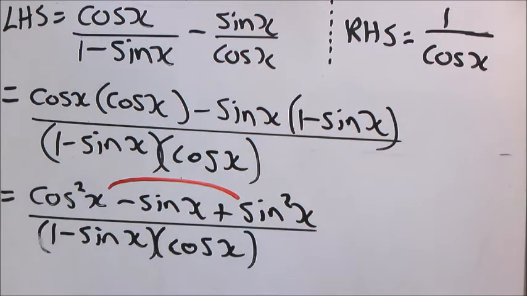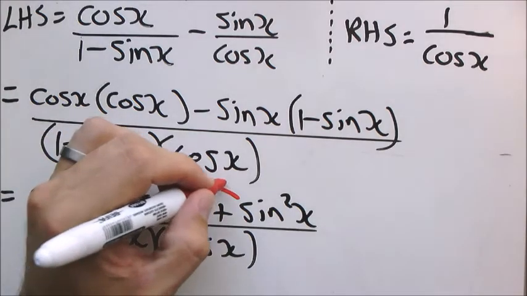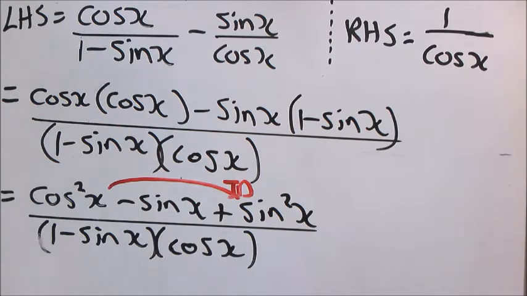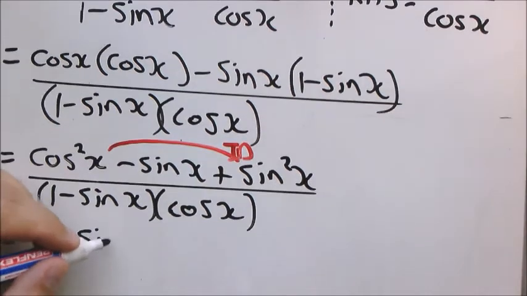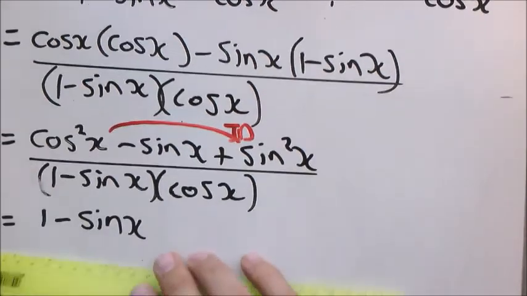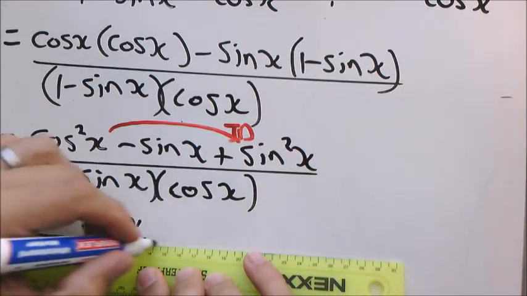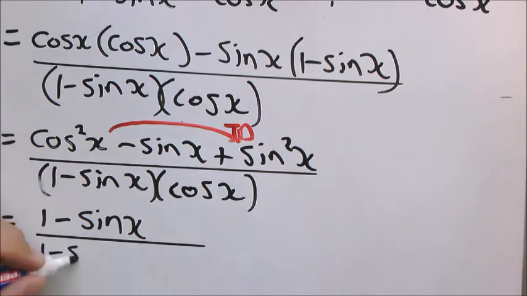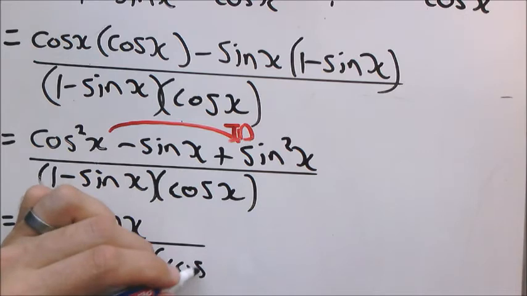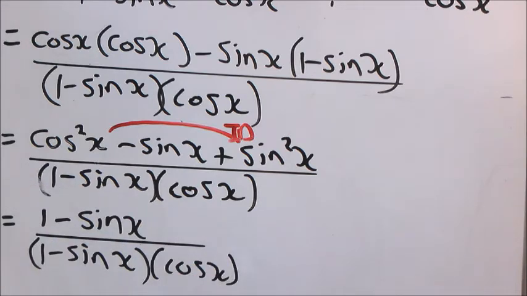If you look at those two, cos squared x plus sine squared x, that is an identity, a square identity. You can apply that now and see it will become 1 minus sine x divided by 1 minus sine x times cos x.